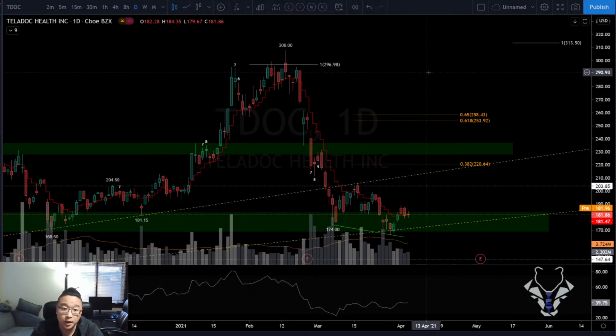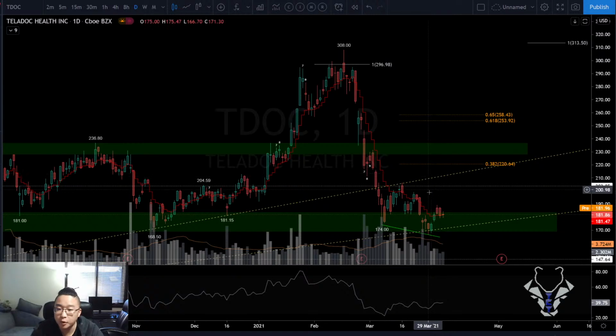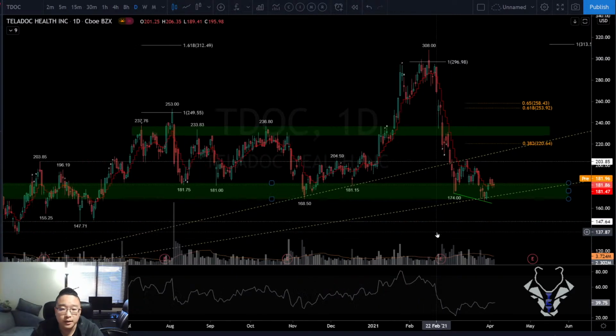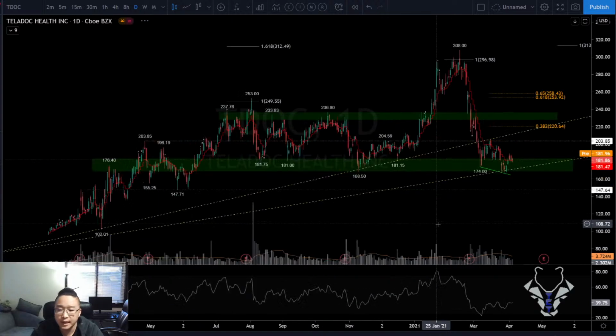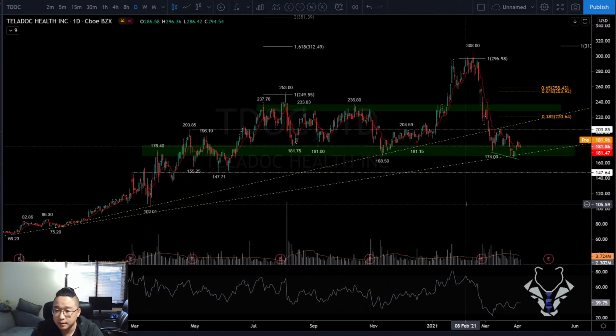Okay, next is TDOC. Daily bull divergence. As of right now, lack of follow through. Kathy has bought, I think it was like 14 buys over the last 30 days on TDOC.